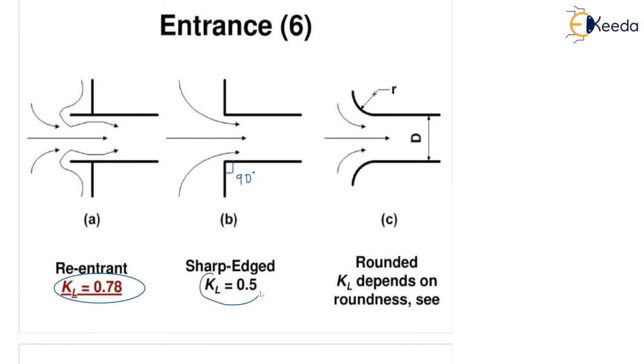So KL is 0.5. So from 180 to reduce to 90, and it is very smooth. You can see radius of curvature is given here. Smooth curvature, rounded, KL depends upon roundness. Correct. So if you are increasing the roundness in the pipe, then your KL will reduce.